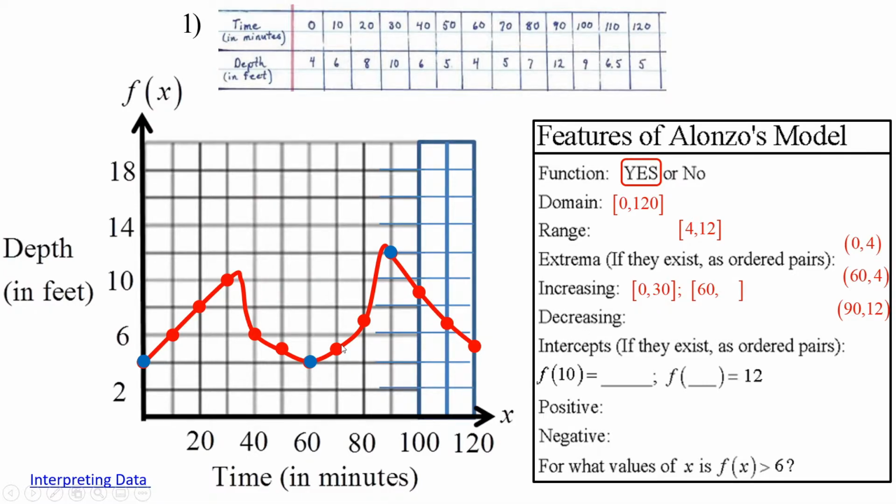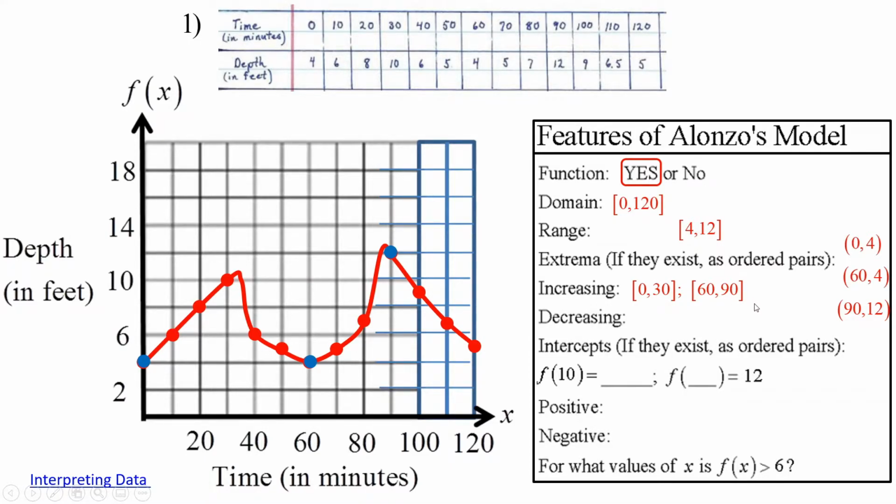And I'm increasing until I get to this x value right there, which is 90. So again, increasing and decreasing, we're talking about x intervals. All right, so I'm increasing from x equals 0 to 30 inclusive, and then from x equals 60 to 90 inclusive. That's why I use the brackets.